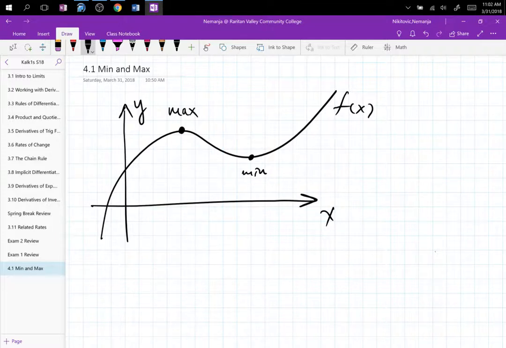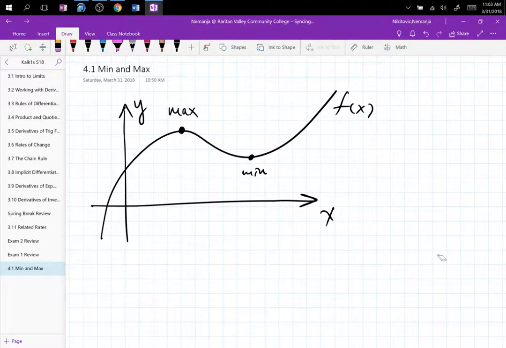Now, these 2 points, this min and max, are both what we call local or relative min and max, because if you take a look at the elevation over here, which is somewhere there, you see that there are higher points than the max. So we are going to distinguish between local or relative min and max, and absolute. And I'll draw pictures, we'll understand what those mean.